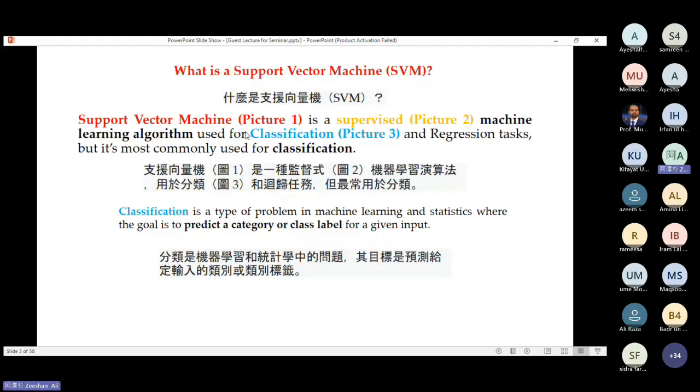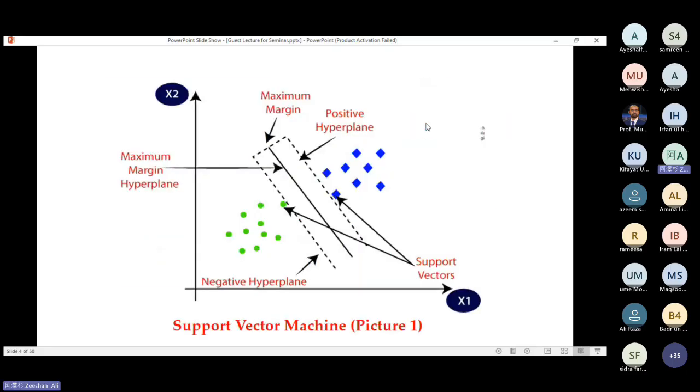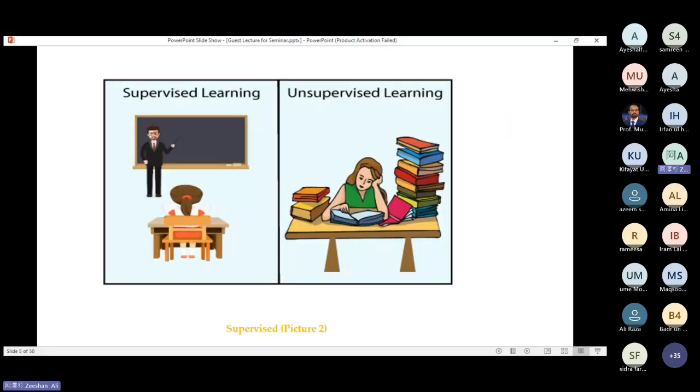So support vector machine is actually a procedure which deals with different types of problems. But in a definition, support vector machine is supervised. So what is the meaning of supervised? Actually, if we are thinking about supervised, the word unsupervised comes to our mind. If someone guides you, if someone supports you, if someone briefs you, it's called supervised. But if you learn by yourself, and no one guides or supports you, it's like unsupervised.